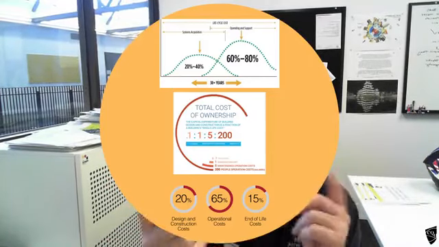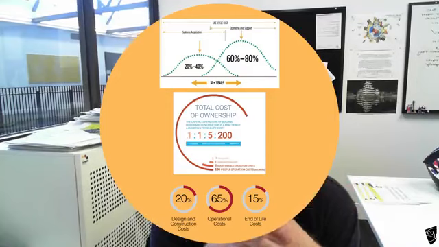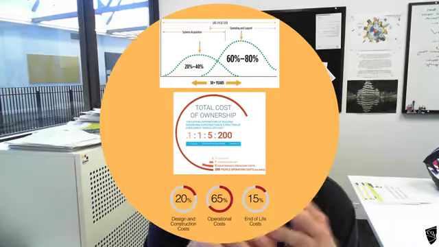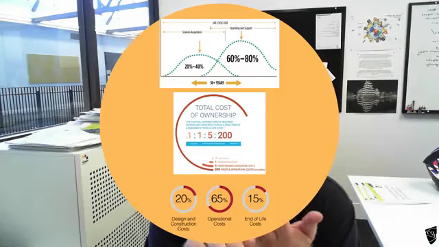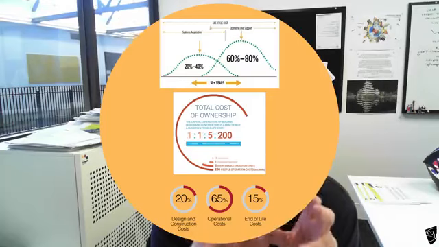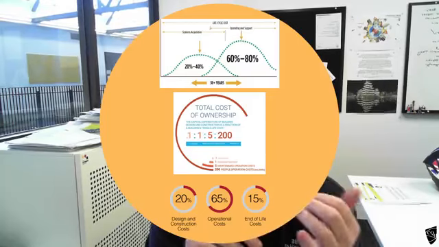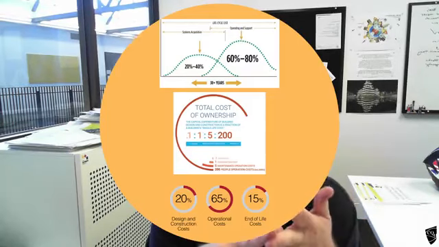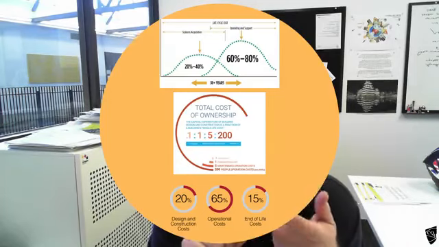The total cost of ownership in the middle there is the capital expenditure for building and designing and constructing of a building. But it's a tiny fraction of the whole life cost. So you've got 1 to 5. Sorry, 1's the designing and the construction cost.